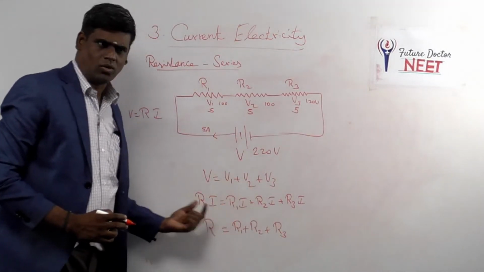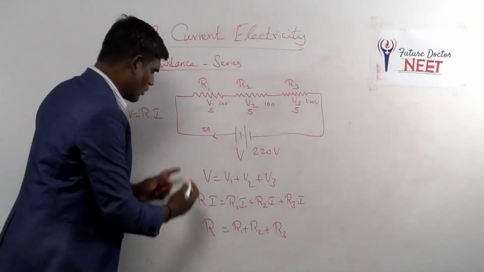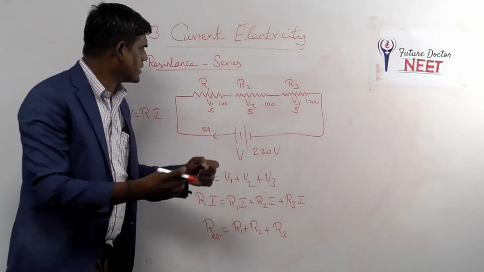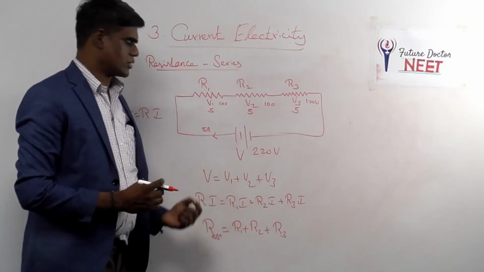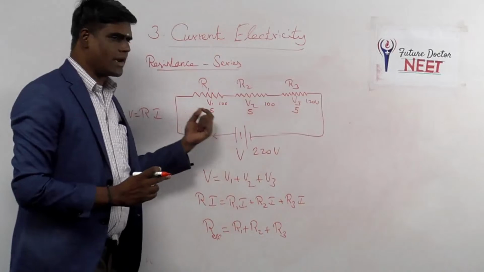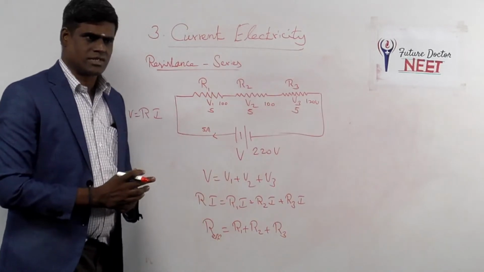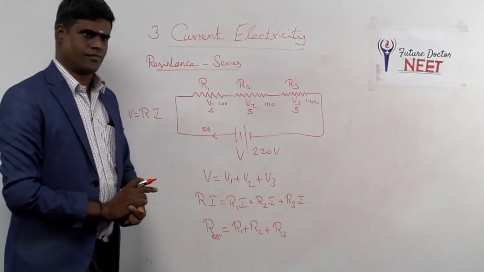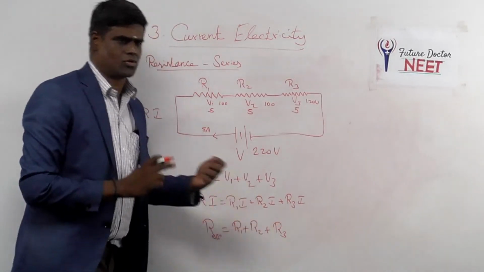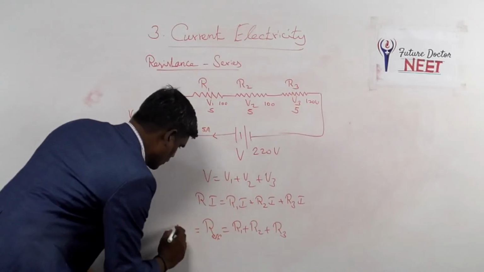This R is called effective resistance. So when resistors are connected in series, R effective equals R1 plus R2 plus R3, the sum of the individual resistors. We can also say R equivalent.